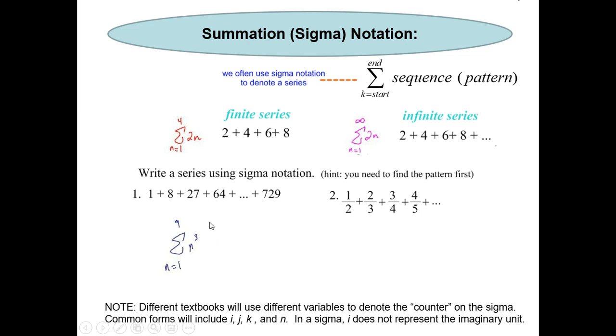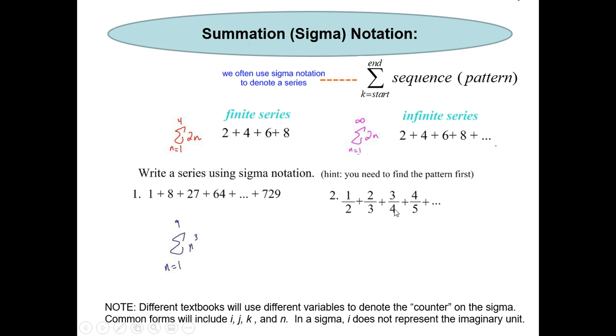So that would be the sum from n equals 1 to 9 of n cubed. That's 1 cubed plus 2 cubed plus 3 cubed, all the way up to 9 cubed, and we could figure out what that value is if we wanted to.